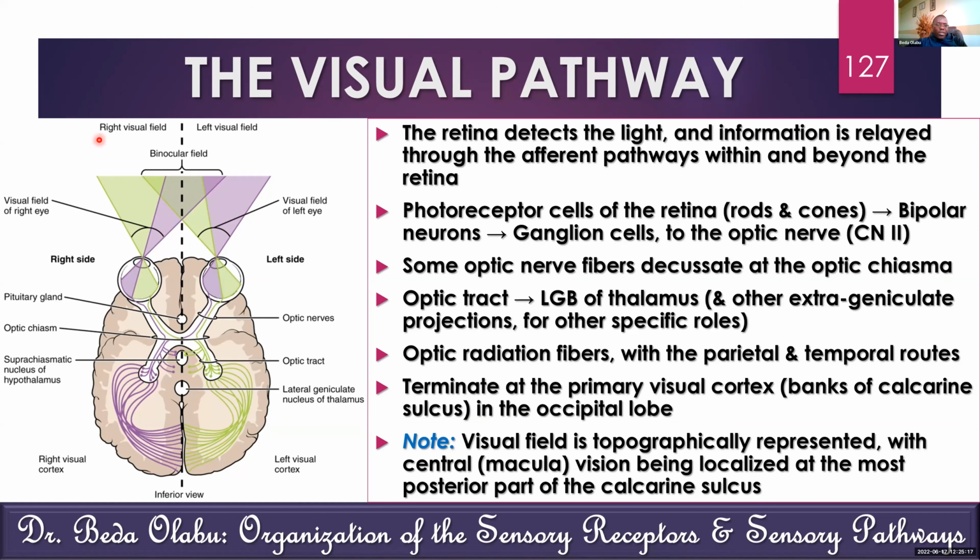We've said that the right hemisphere of the brain controls the left of the body, and the left hemisphere of the brain controls the right of the body, and that's important. We know that, and we know that this is achieved by neurons decussating.